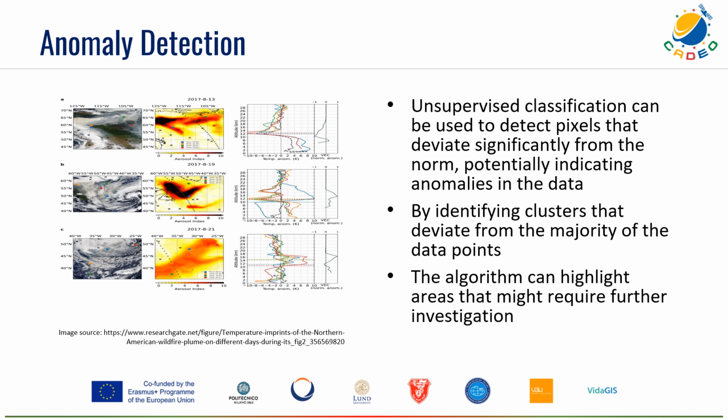And the last one, anomaly detection. Unsupervised classification can be used to detect pixels that deviate significantly from the norm, potentially indicating anomalies in the data. By identifying clusters that deviate from the majority of the data points, the algorithm can highlight areas that might require further investigation.